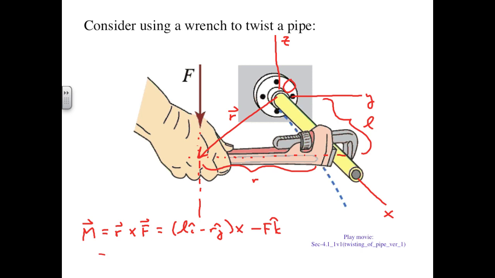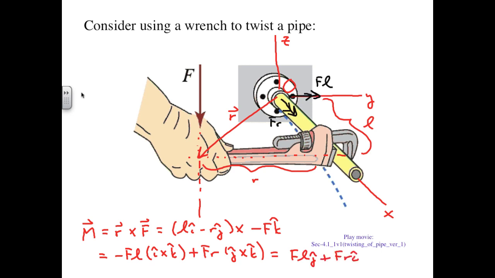We can write that as minus FL i cross k plus Fr j cross k, which is equal to FLj plus Fri. I've sketched these two components at O.